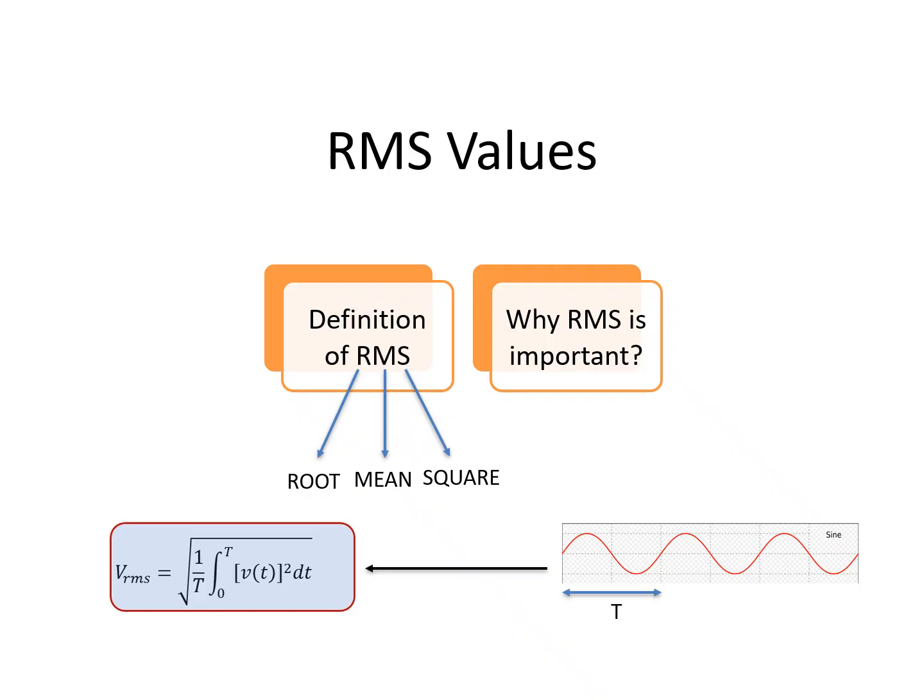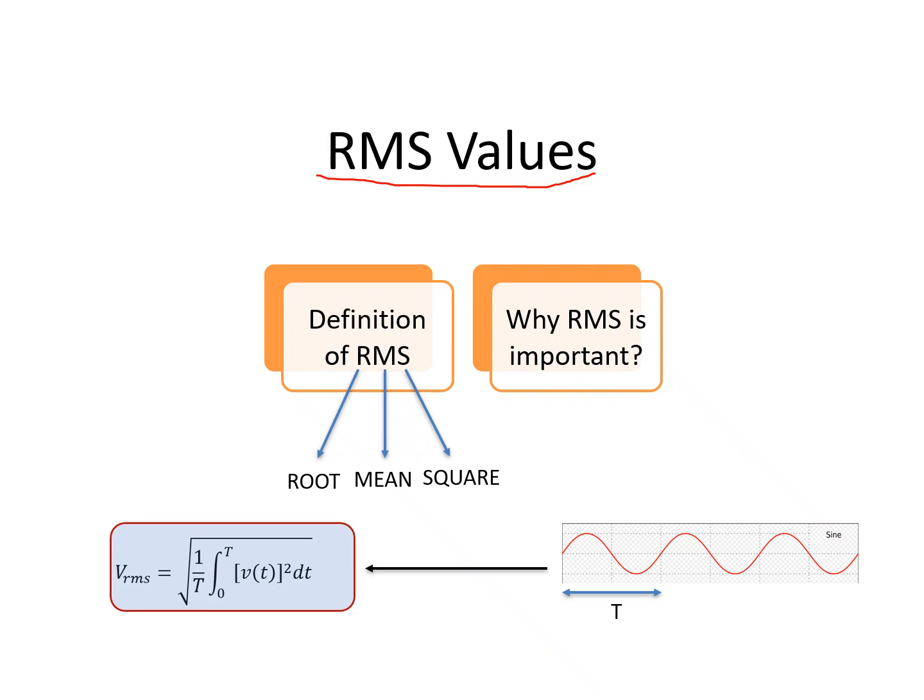Now let's consider another important concept in AC signals, which is the RMS value. Actually, RMS, that you might have heard or you may not, is an abbreviation. It actually means the root mean square value of a signal.